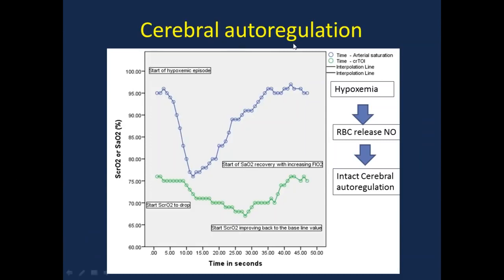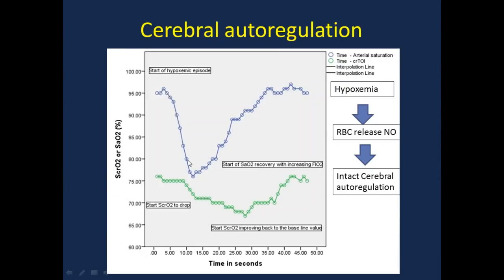What about cerebral autoregulation? Cerebral autoregulation is the change in cerebral oxygenation when the arterial oxygen drops. In this graph the horizontal axis represents time in seconds, and the vertical axis represents saturation.